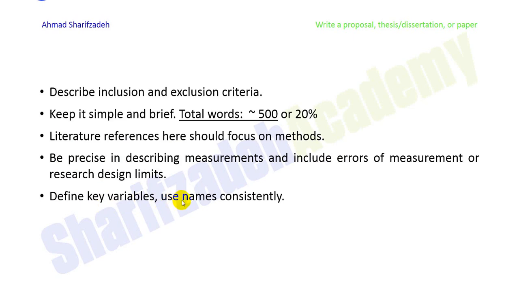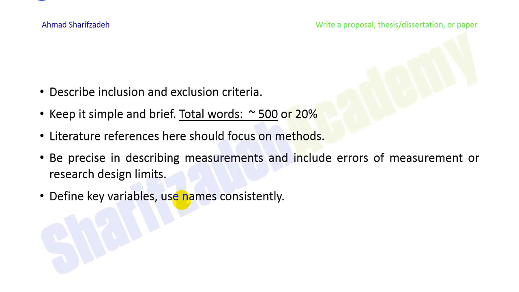We cannot change the names. For example, we cannot call something variable A once and the second time call the same variable the first variable. We cannot use 2 different names for one specific variable. We cannot use synonyms here because they are considered something like a proper noun.